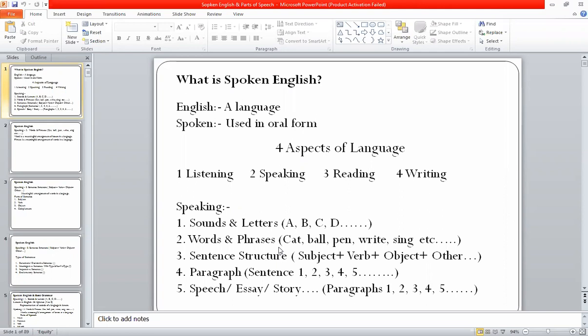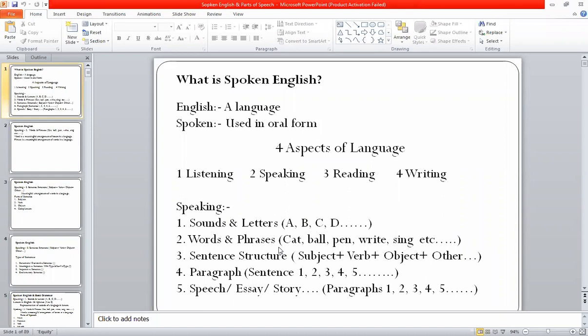So a paragraph is made up of sentences, and a speech or essay or story is made up of paragraphs.